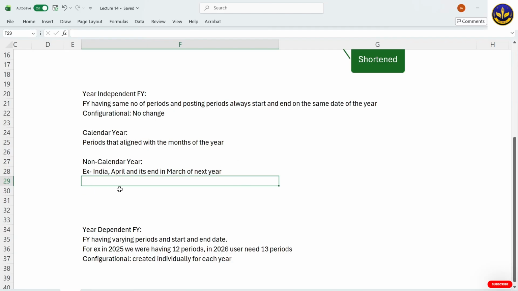There is one another important thing which we have to remember in this non-calendar year.